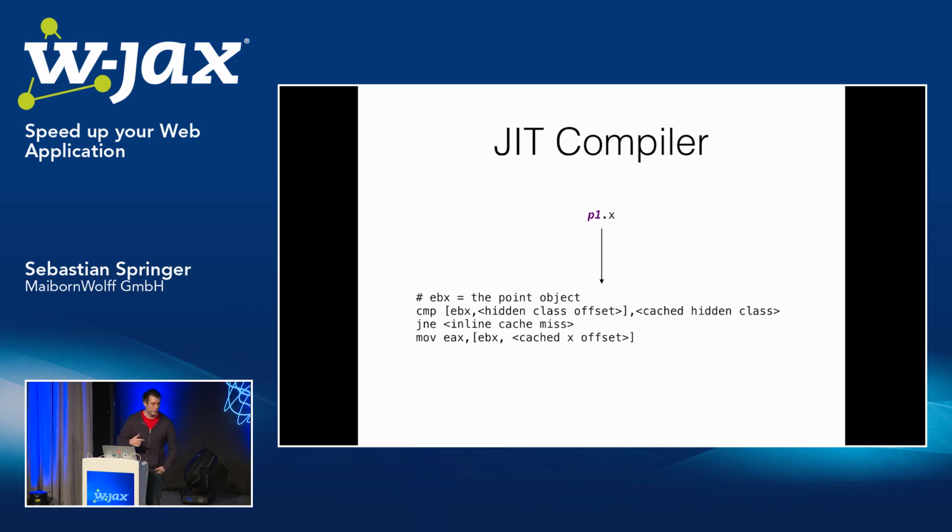If not, the optimization is reverted and rebuilt. And the more often the cache misses, or the optimization is not correct, the slower your code gets. So you have to reuse the code as well as you can, reuse classes and the same object structures, and then the optimizations are useful.